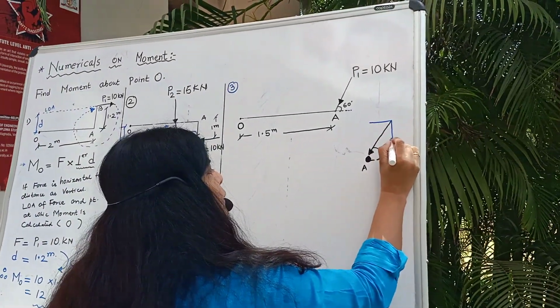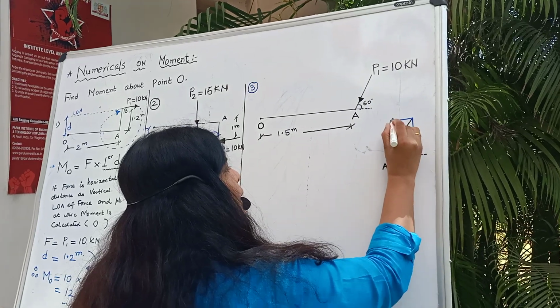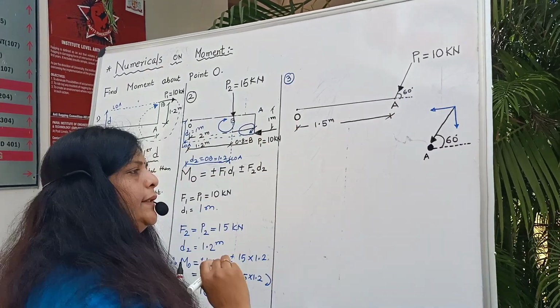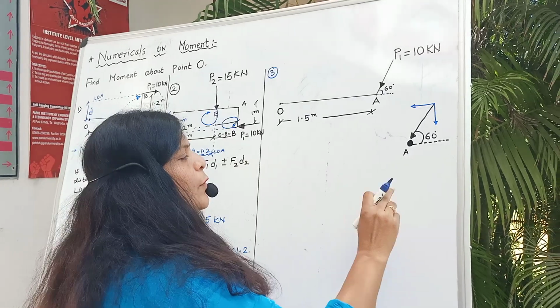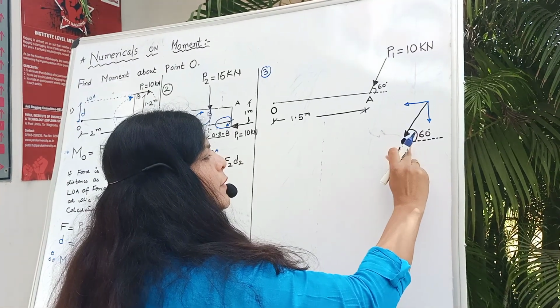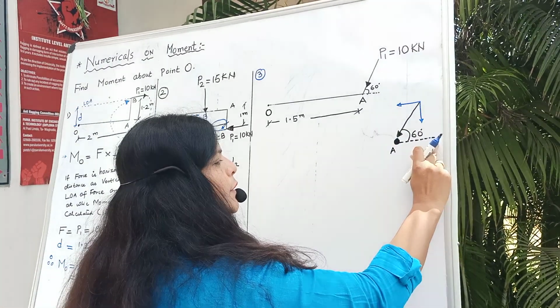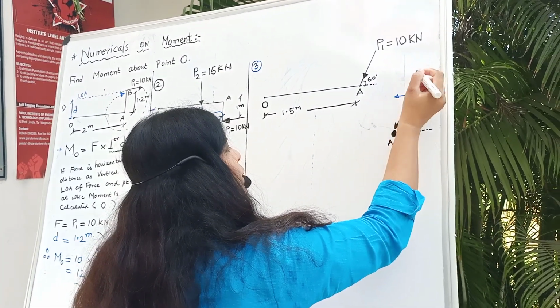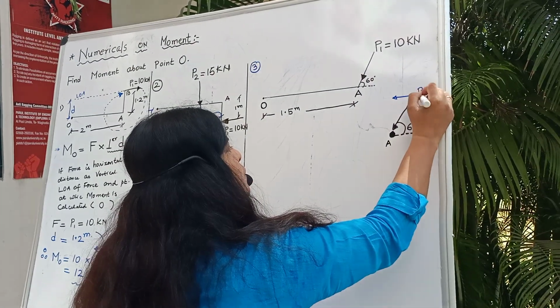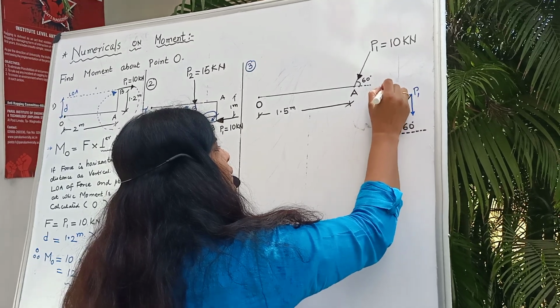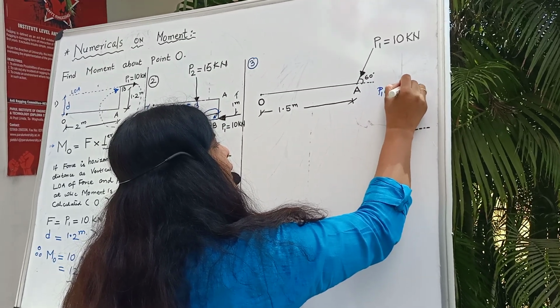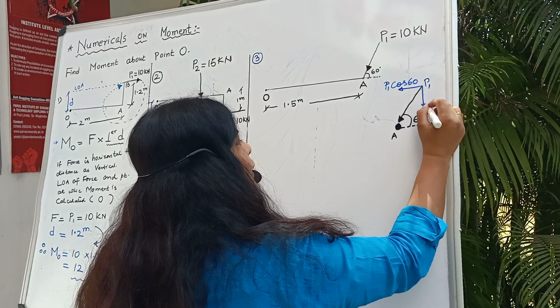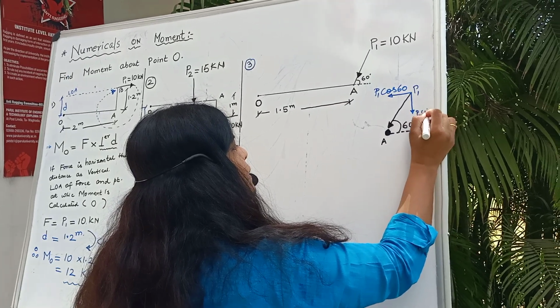Okay, so this will be the inward component. Now the force is forming an angle with respect to horizontal. So the horizontal component opposite to it will be a cos component. So this one will be P1 cos 60 and the other one will be P1 sin 60.